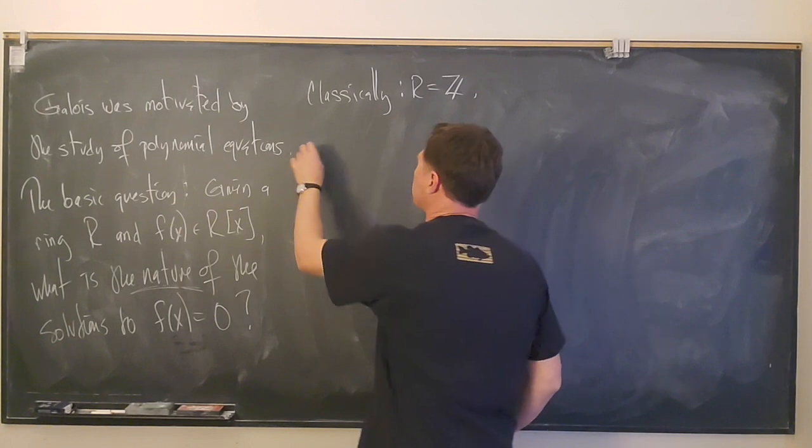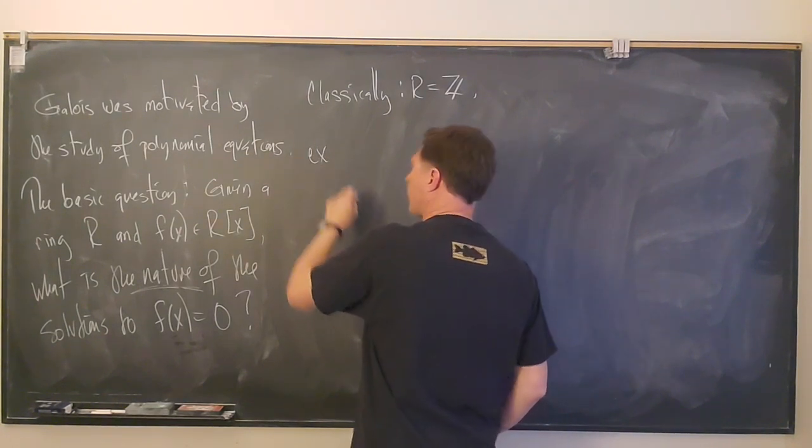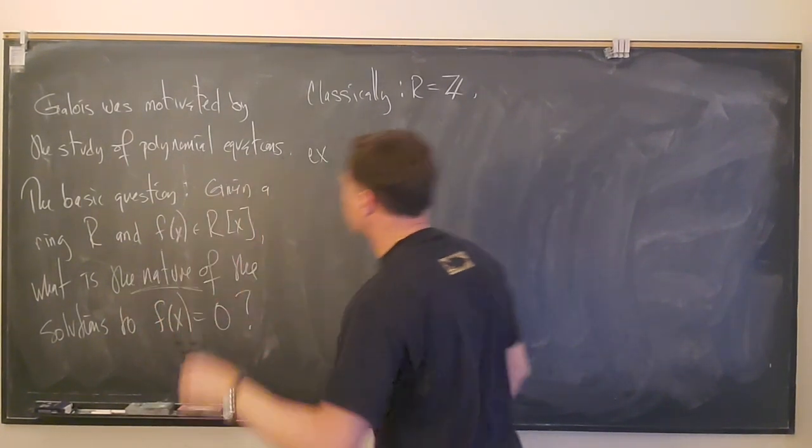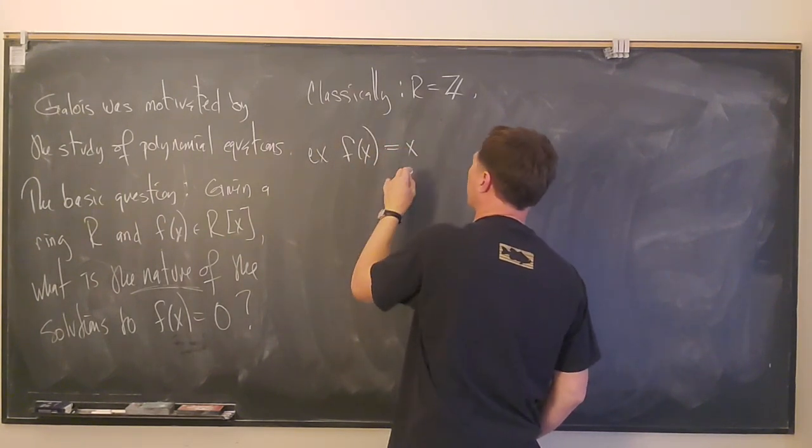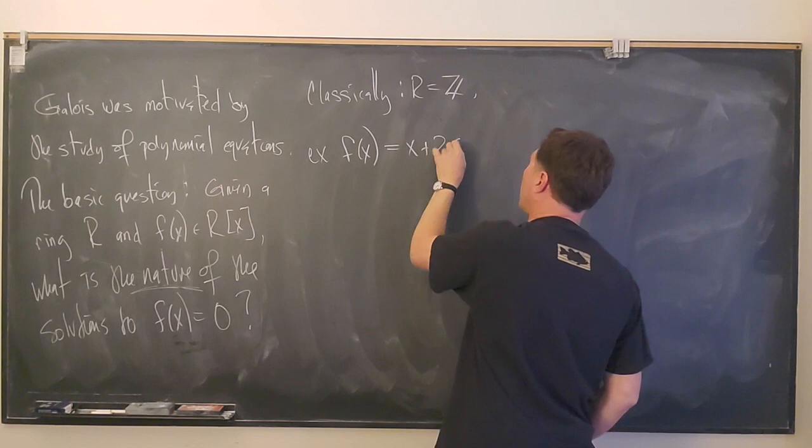Okay, so let's just look at this example now. Let's take the polynomial f of x, very simple, let's say f of x equals x plus 2.